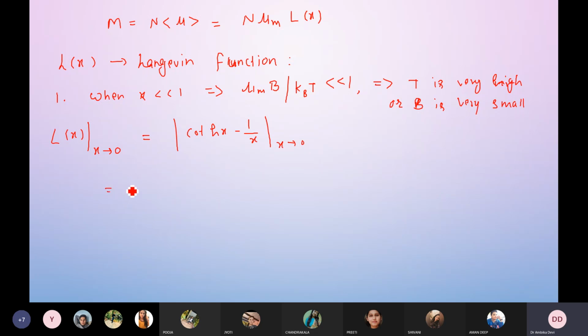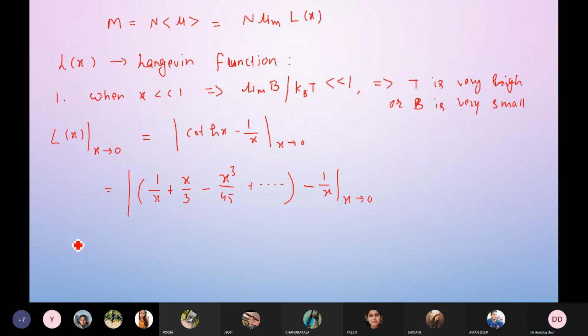Now coth x can be expanded and written in the form 1 upon x plus x upon 3 minus x cube upon 45 plus so on. This is the expansion of coth x. You must have studied this in your mathematics classes. Minus 1 upon x is also there, and x tends to 0.